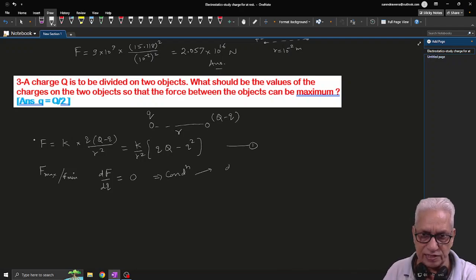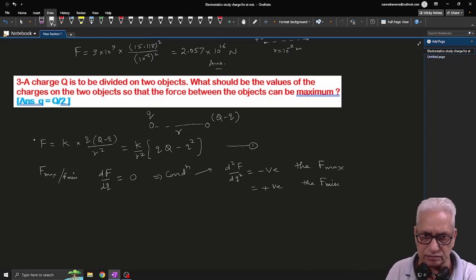If we find the second derivative for this condition and it comes out negative, then the force will be maximum. If the second derivative is positive, then the force will be minimum. This is called the second derivative test for maxima and minima.